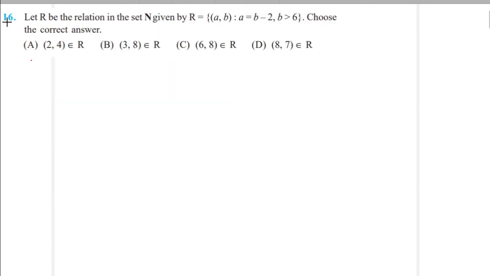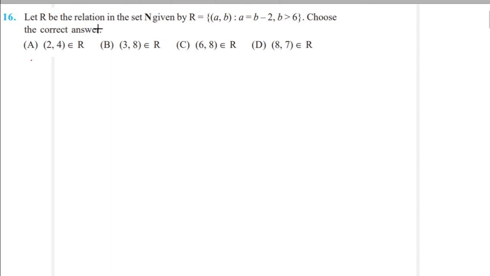Question number 16. Let R be the relation in the set N, the set of all natural numbers, given by R = {(a, b) such that a = b - 2 and b > 6}.